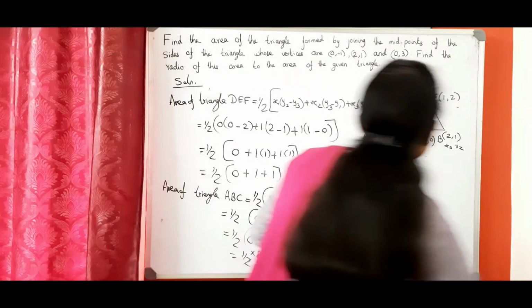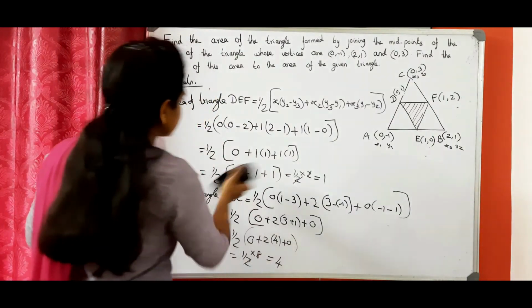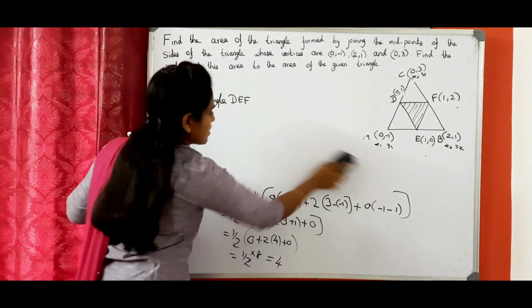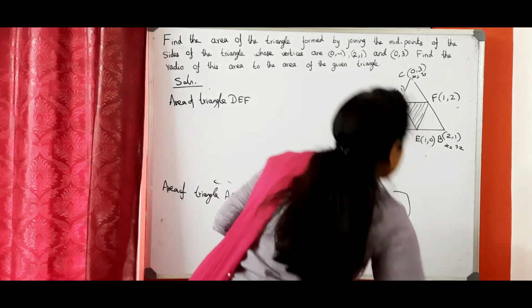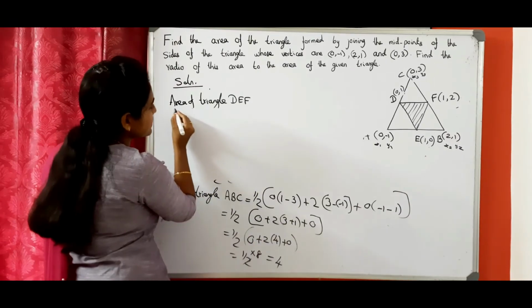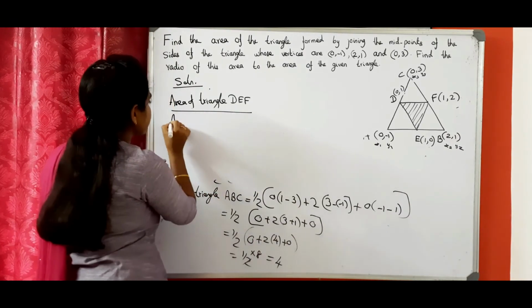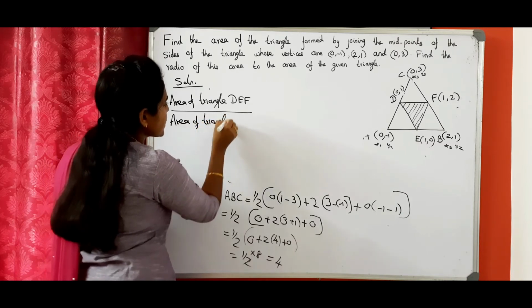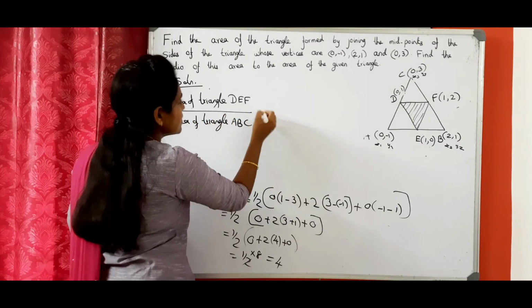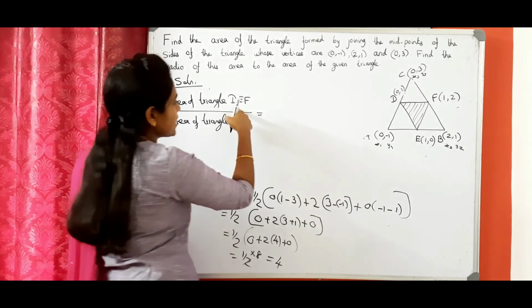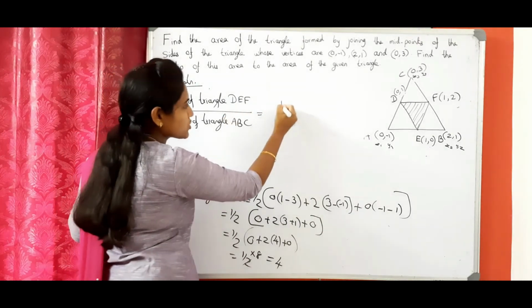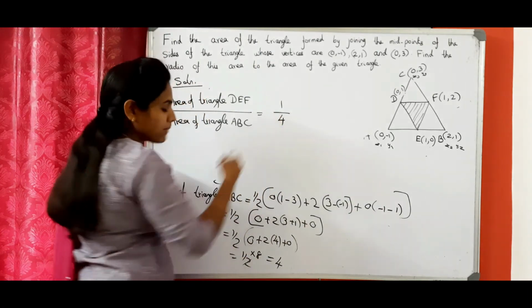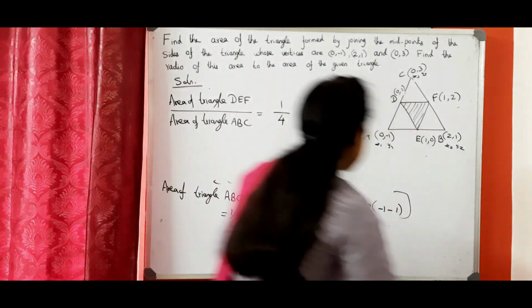Area of triangle DEF divided by area of triangle ABC. The area of triangle DEF is 1 and the area of triangle ABC equal to 4. 1 by 4.